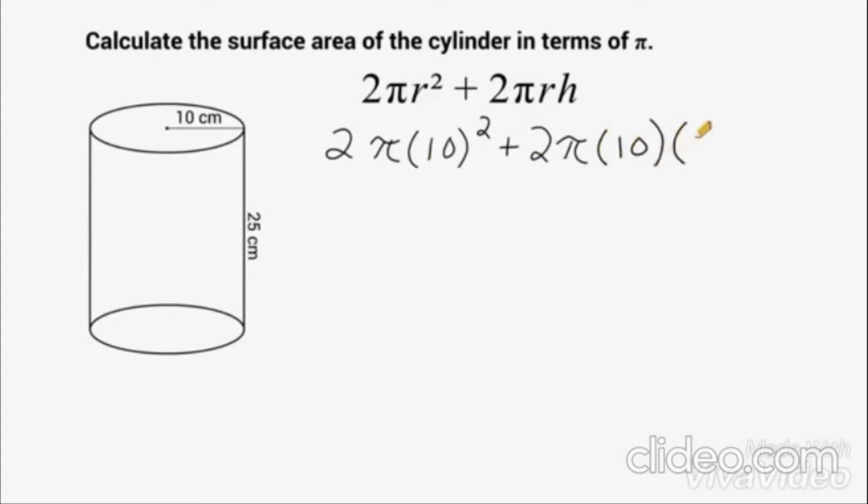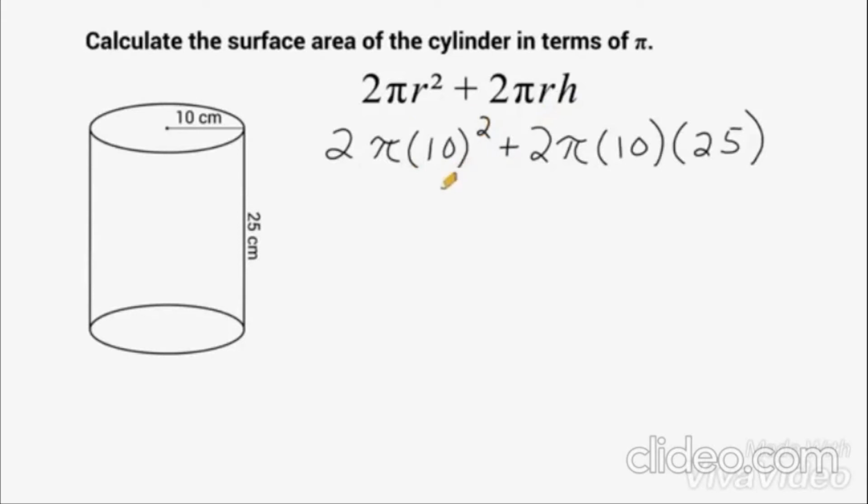We have to multiply that by the height of the cylinder, which is 25 centimeters. Now that we have plugged all these values into the appropriate places, next is to simplify the left-hand part of our equation before the plus sign, and then simplify everything to the right-hand side of our plus sign.